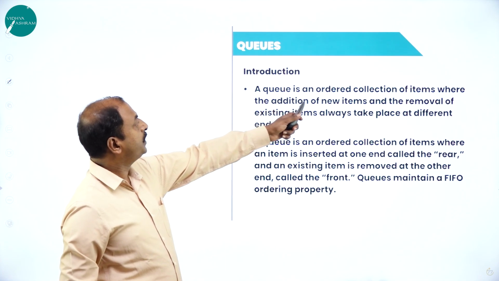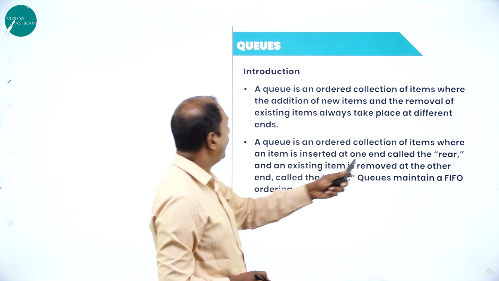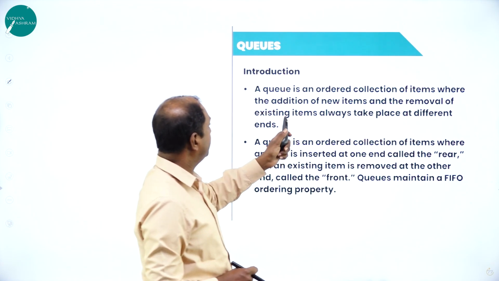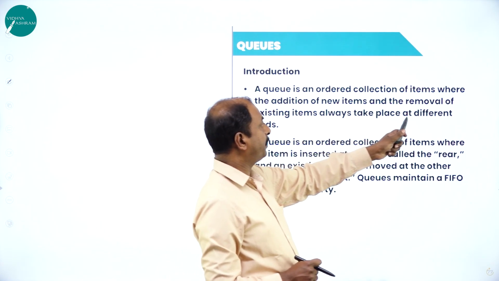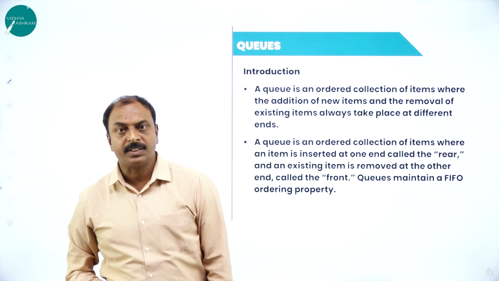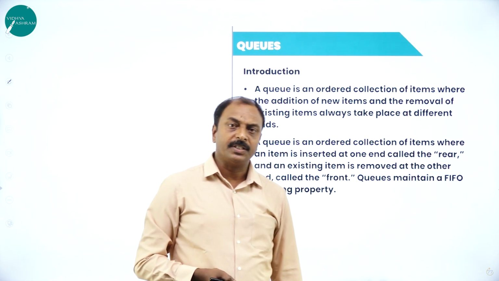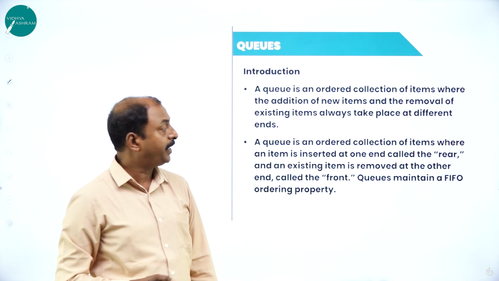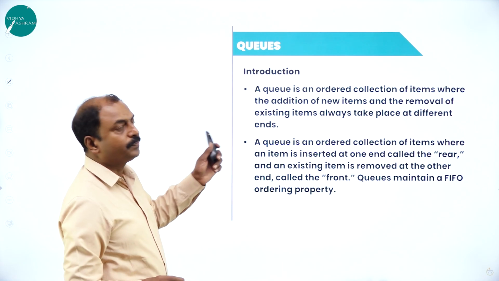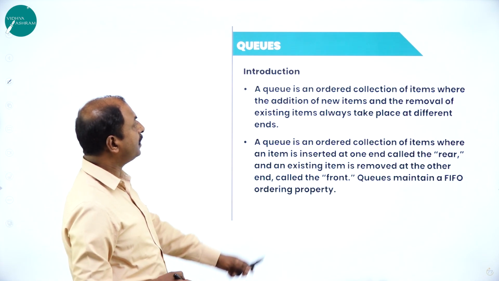Here, a queue is an ordered collection of items where the addition of a new item and removal of an existing item always takes place at two different ends. So queue is a data structure where the elements are arranged in definite order with a continuous index. So what is the definition here?